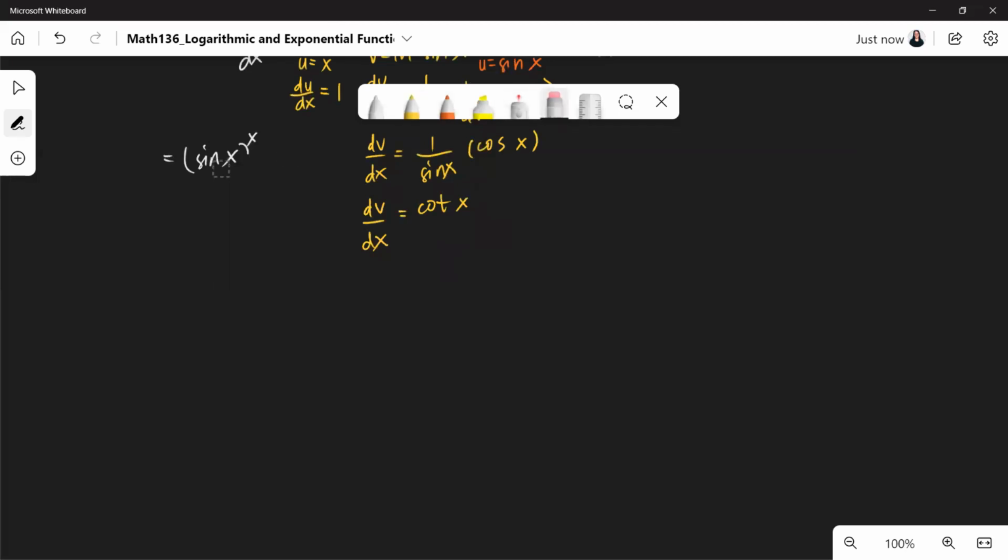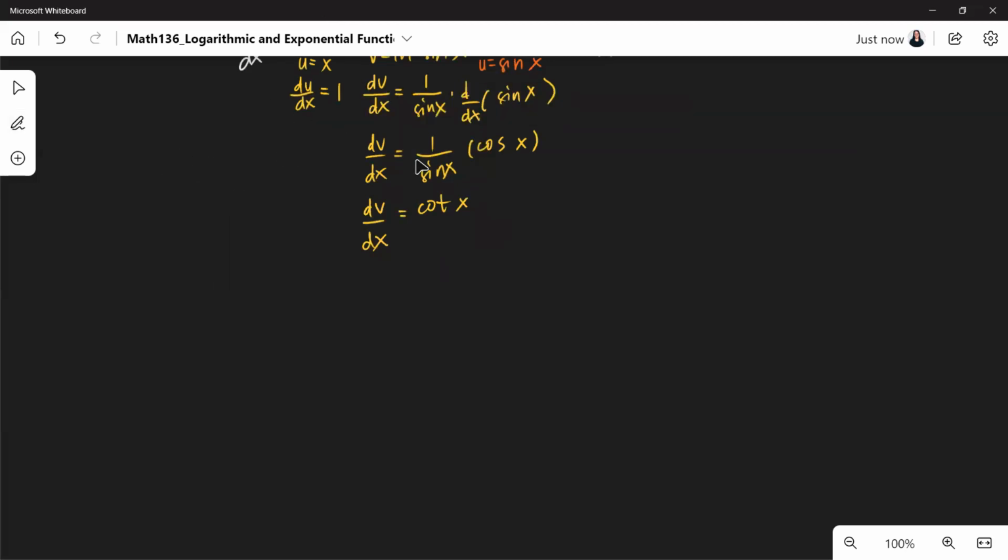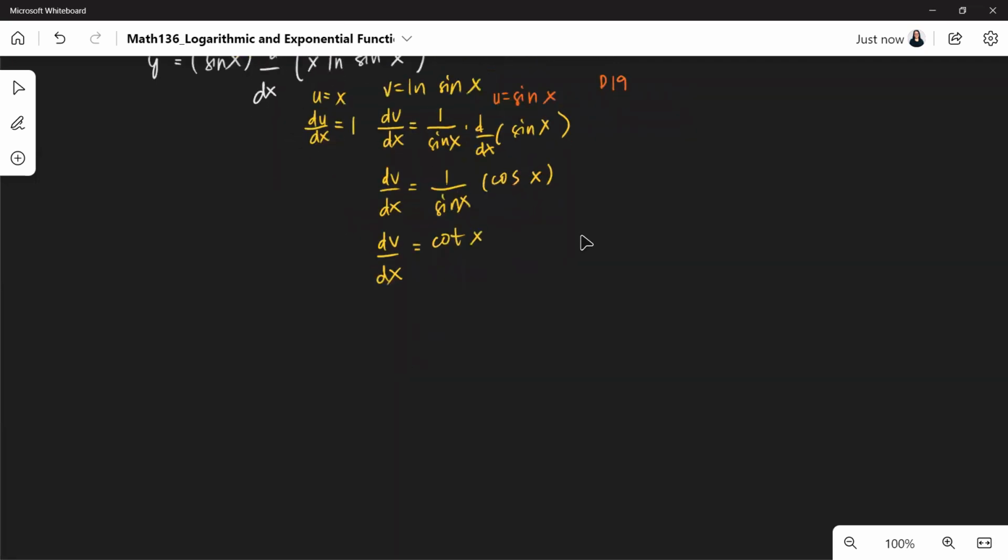So let me move this again. So y prime would be equal to sine x, quantity raised to the power of x. Then the product rule: copy the first function and then multiply it with the derivative of ln sine of x, which is cotangent x.